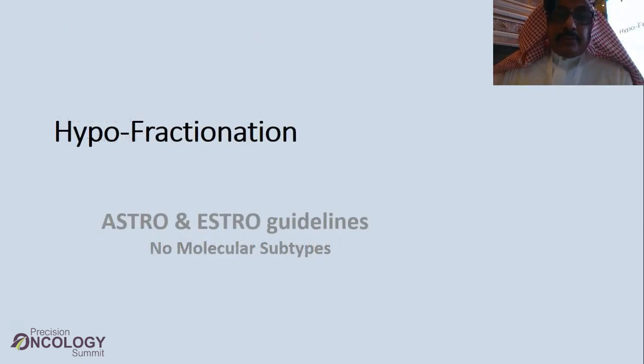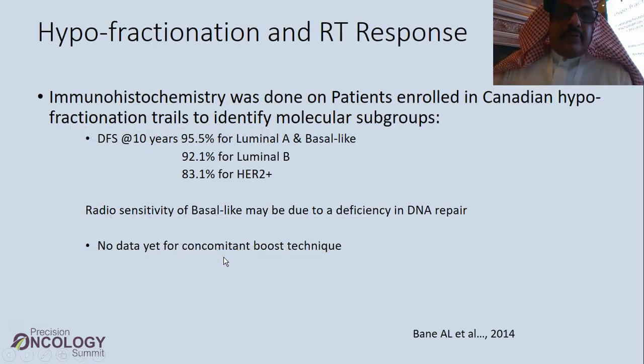In terms of hypofractionation, giving fewer radiation fractions with larger doses, if you look at the guidelines, there is no mention of the molecular subtypes of breast cancer. Although people have looked at the famous Canadian hypofractionation trial, the disease-free survival at 10 years was 95% for luminal A and basal-like, 92% for luminal B, and 83% for HER2.